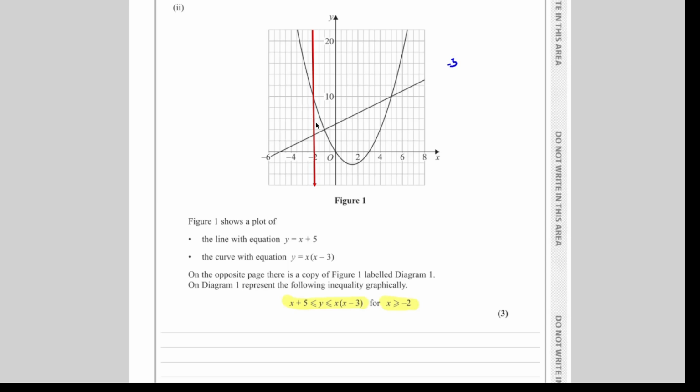So above the line, below the curve, I'm having this part as well as this part. We can't get this part, because this is not below the curve. The below the curve is here, and then it is not greater than minus 2. So we have to get everything here as well. That's how we do it.